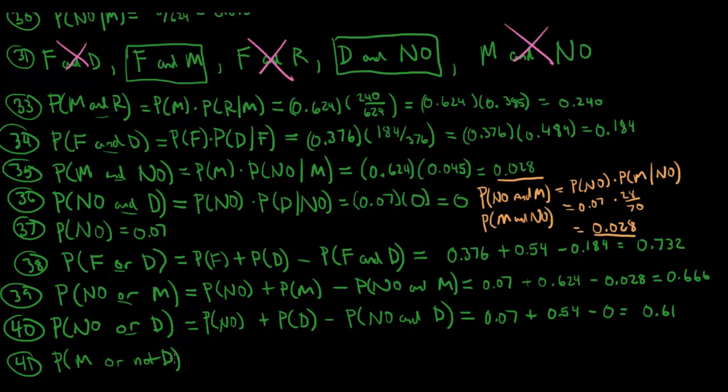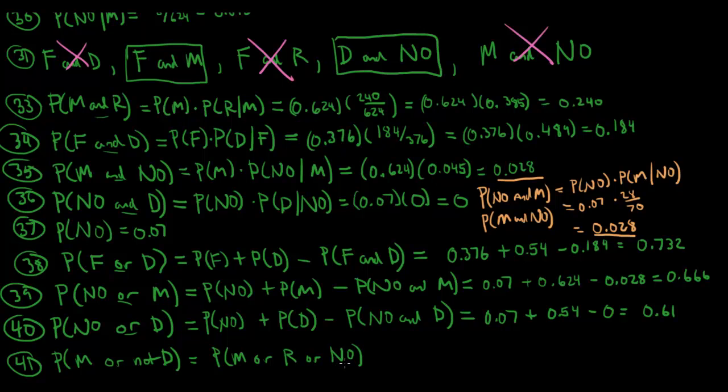Male or not Democrat? Okay, so I guess if you're male and don't think the Democrats have good policies, that means your probability is of male or Republican or no opinion. Now that looks weird. We haven't done that before.